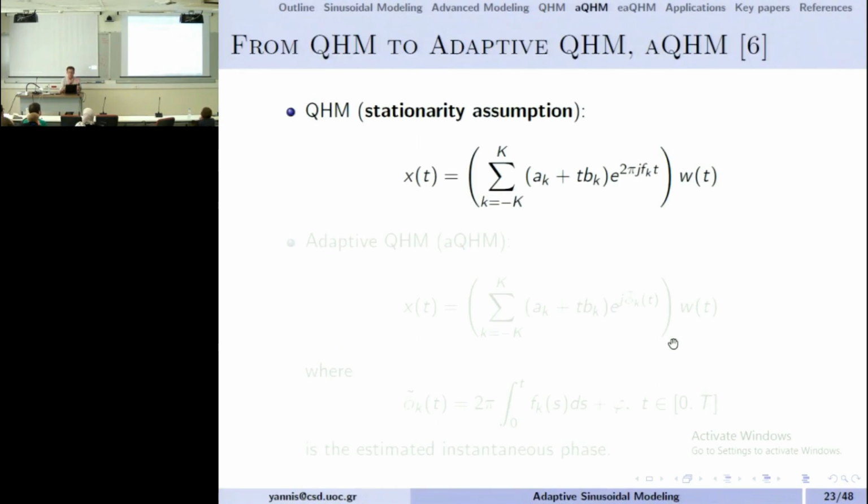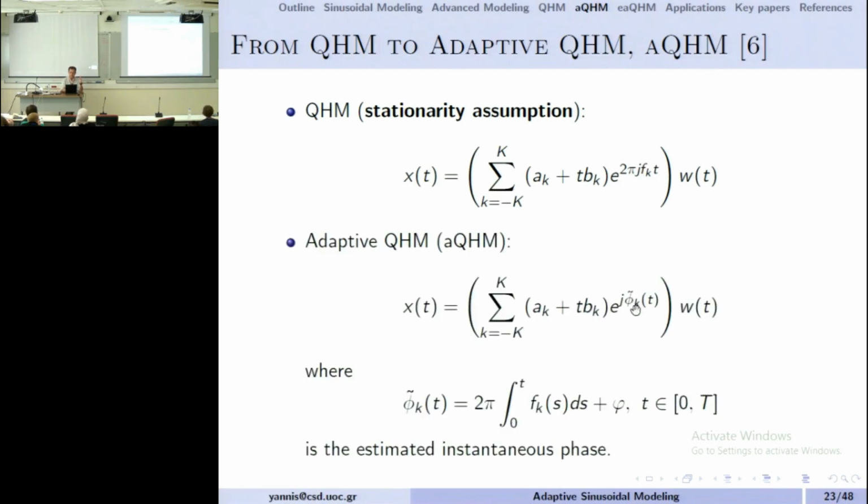Now, we move from the quasi-harmonic model to the adaptive quasi-harmonic model. Look at this. This is now the quasi-harmonic model. You can see that this exponential function defines the space of these exponential functions as a function of fk. And this fk is constant during the analysis window.